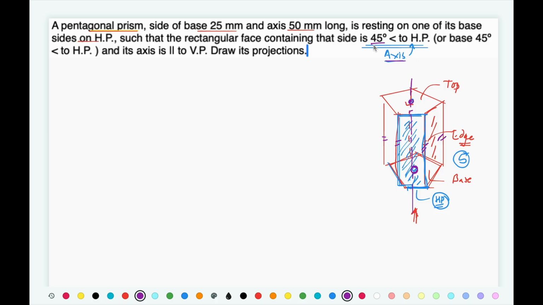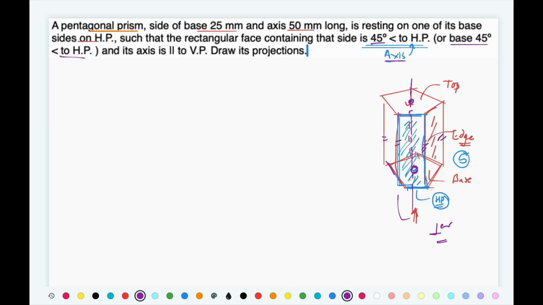They have given that inclination in other wording also, or base is 45 degree inclined to HP. That is quite obvious. If you make this rectangular face inclined 45 degree, this face and its base, those two are going to be right angle to each other, perpendicular to each other.